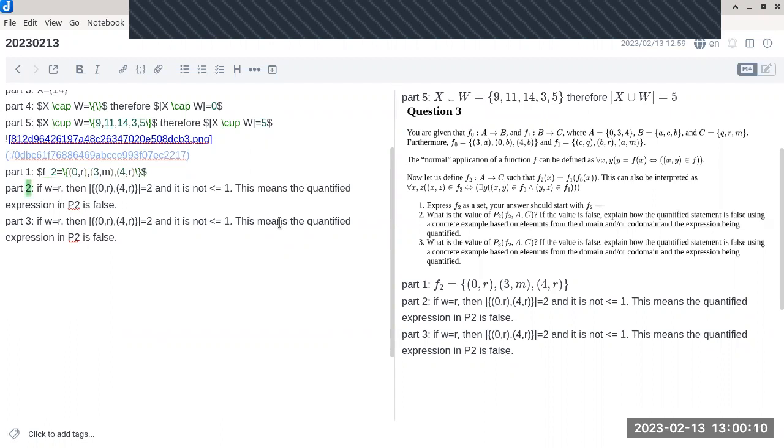So we know what the codomain is. It is set C, which has Q, R, M in it. Okay. So now we look at F2 and we ask the question, is everything in the codomain mapped to? The answer is no, because we don't see anyone mapping to Q.